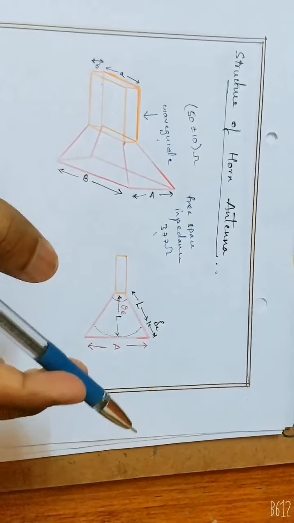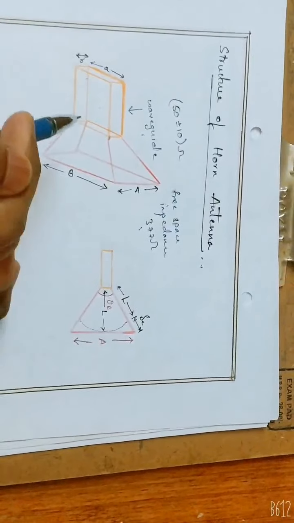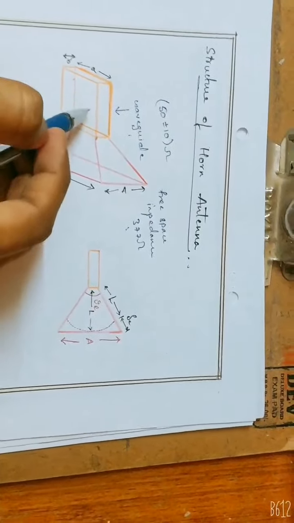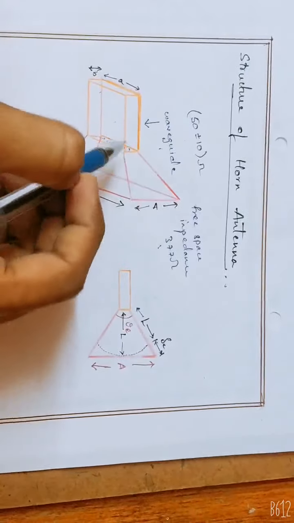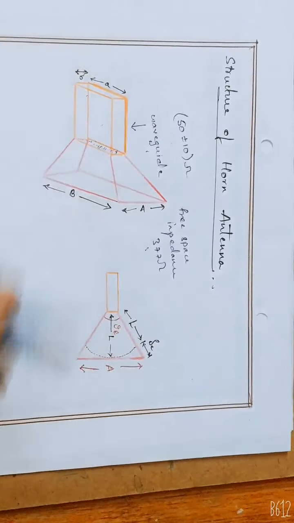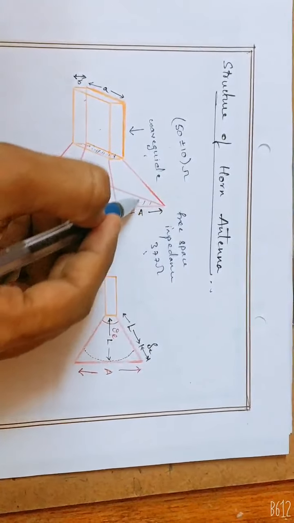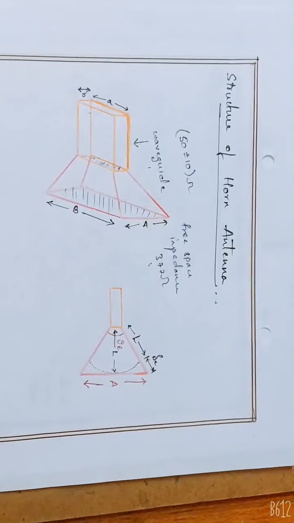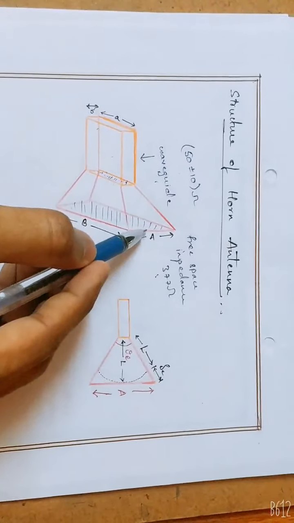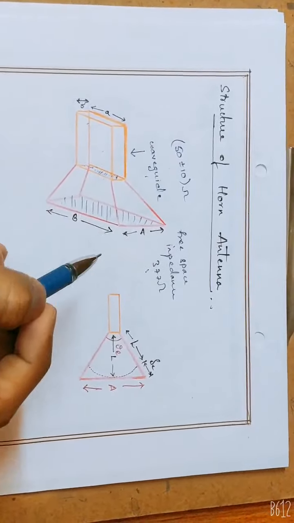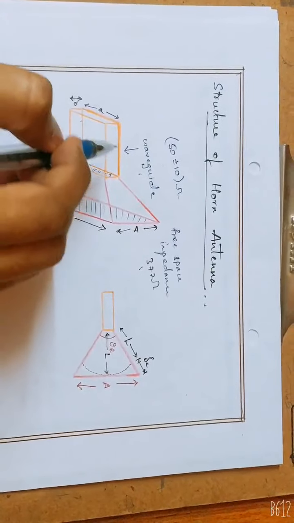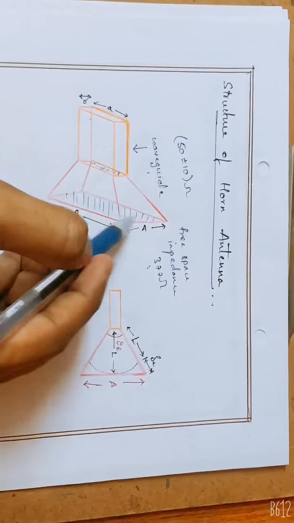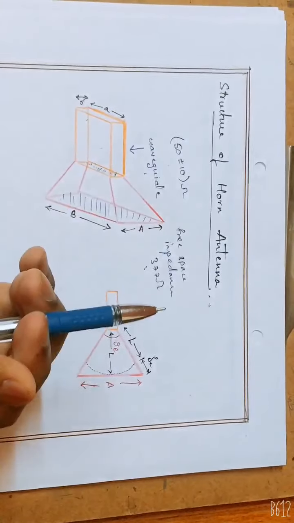Now the question arises, how does it increase the directivity? If you see the effective cross-sectional area, the cross-sectional area of the waveguide is smaller compared to the cross-sectional area of the part we get after flaring. As the dimensions of this part are greater than the cross-sectional area of the waveguide, we can say that it increases the directivity.